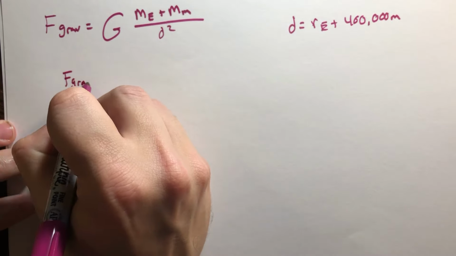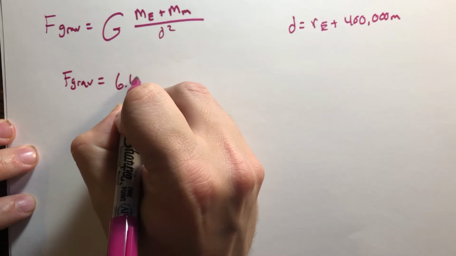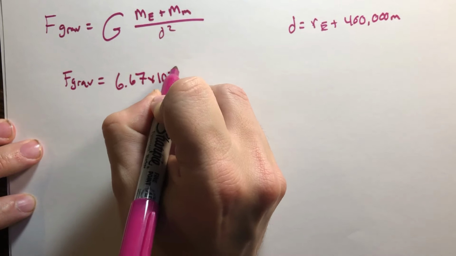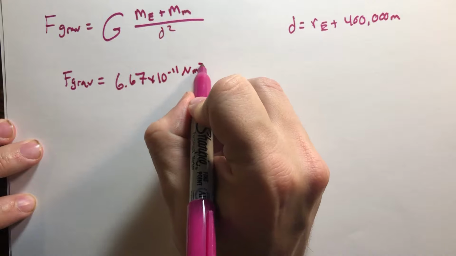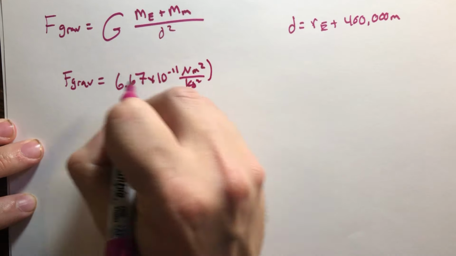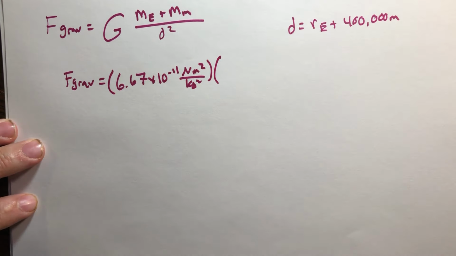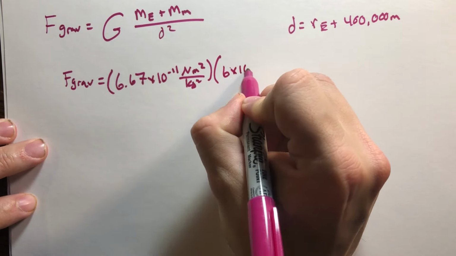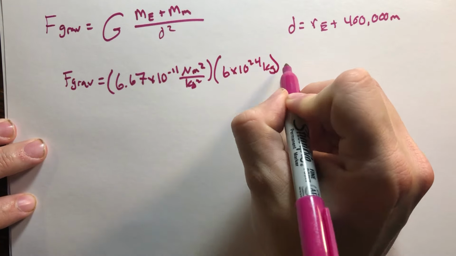So if we get a gravitational force, same big G, 6.67 times 10 to the negative 11th newton meters squared over kilograms squared. The mass of the Earth hasn't changed, as far as I know. It is still 6 times 10 to the 24th. Mass of the guy is still 90 kilograms.